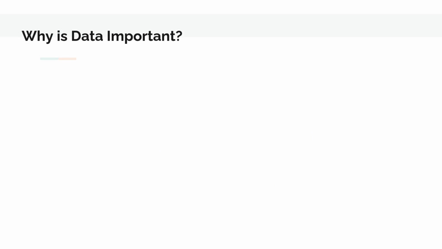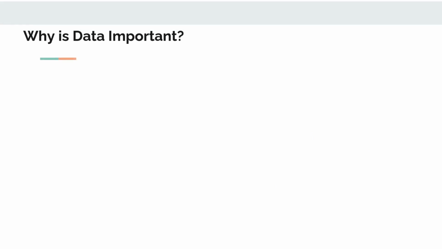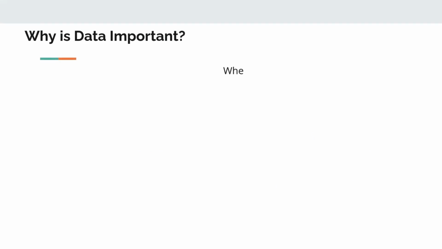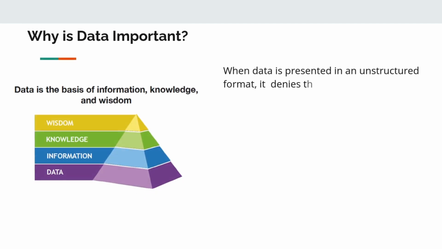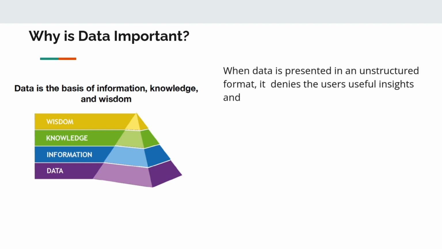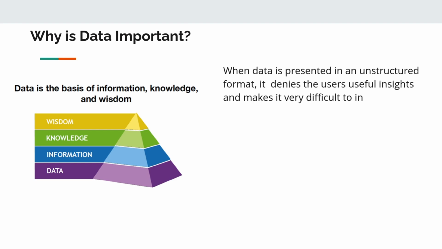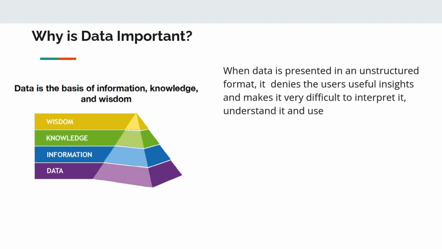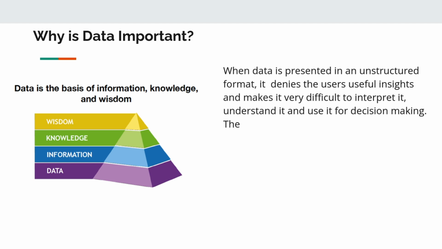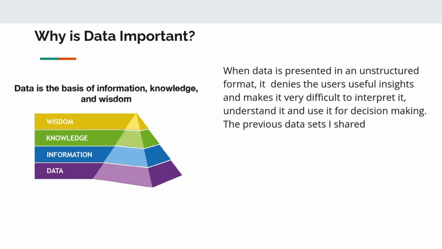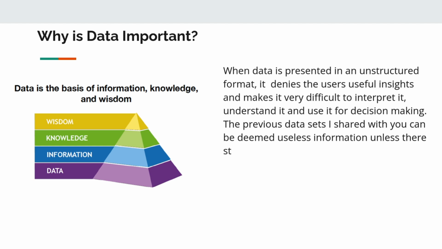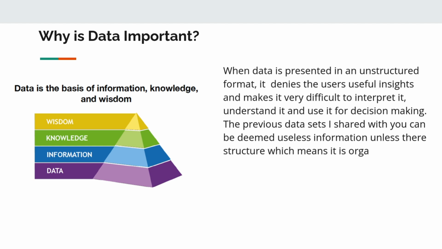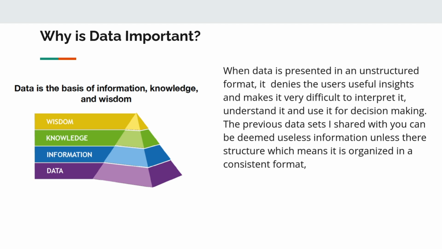Why is data important? Data is the basis for information, knowledge, and I dare say wisdom. When data is presented in an unstructured format, it denies the users useful insights and makes it very difficult to interpret it, understand it, and even use it for decision making. So when you were looking at the previous numbers, you couldn't tell what they were until they began to be presented in a structured format.